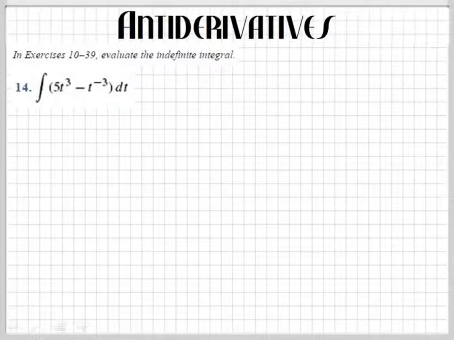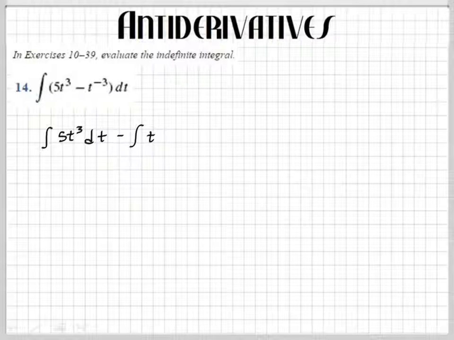So I'm going to split this one up and write it out. I normally don't do this when I integrate, but I'll go ahead and do this. Let's see, dt minus the integral of t to the negative 3 dt. Okay, so we're just taking the antiderivative of each of these.